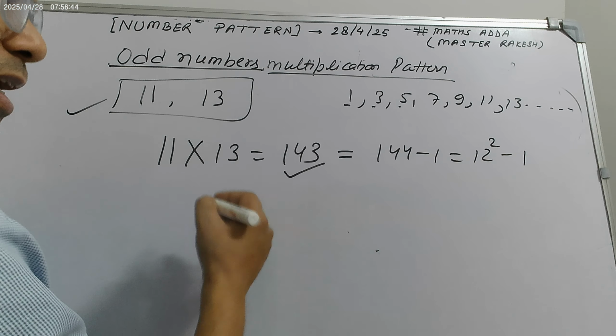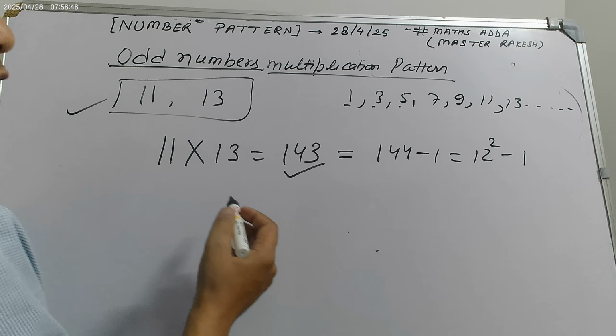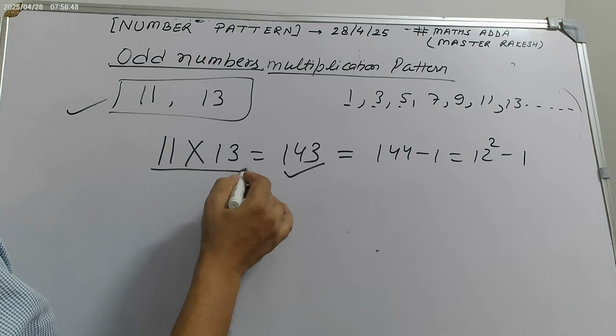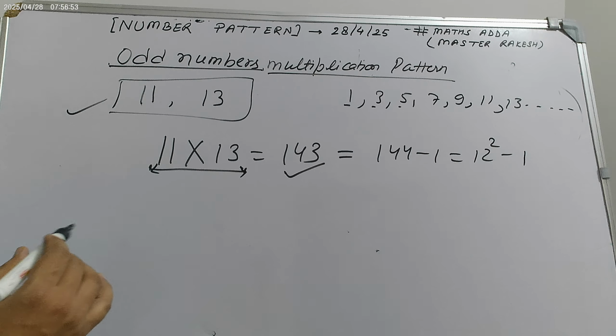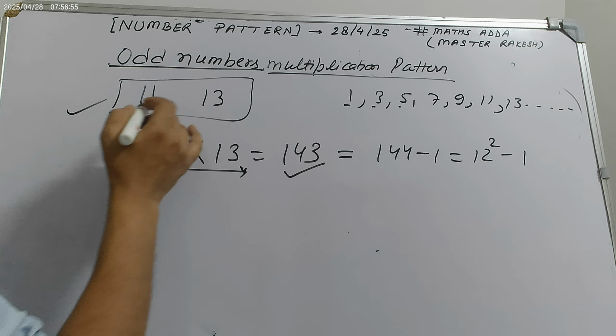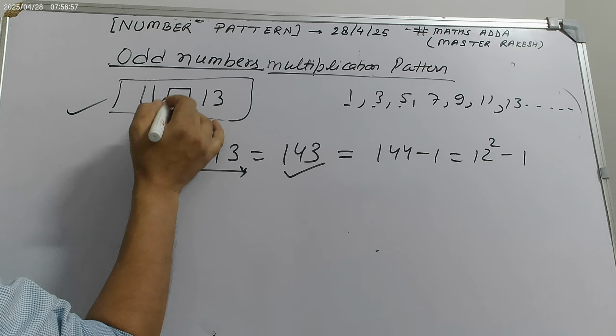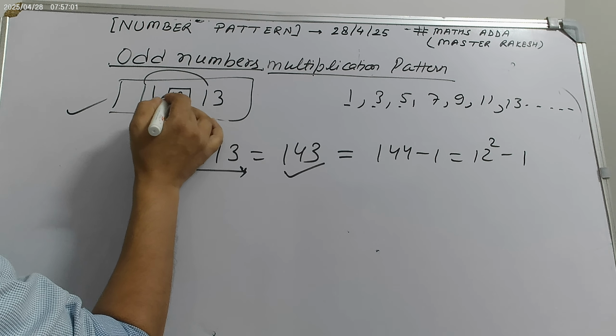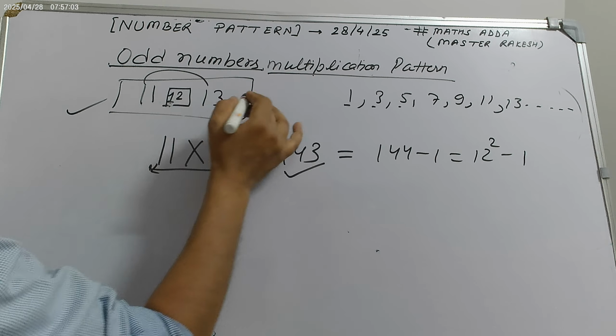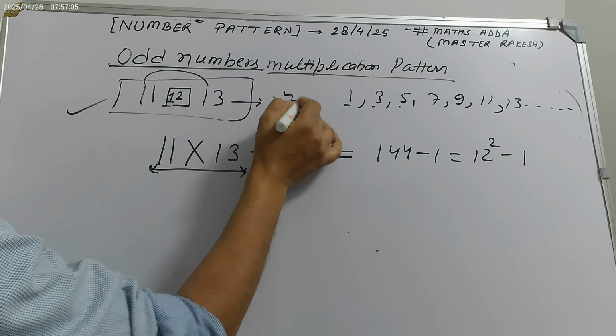You don't need to do it like this only. I mean to say, any consecutive odd numbers, if you multiply them, it becomes the middle number's square minus 1. What comes between 11 and 13? 12. So it is always 12 square minus 1.